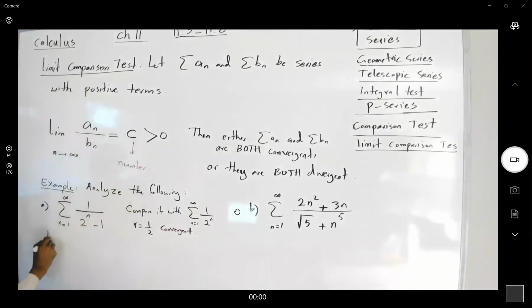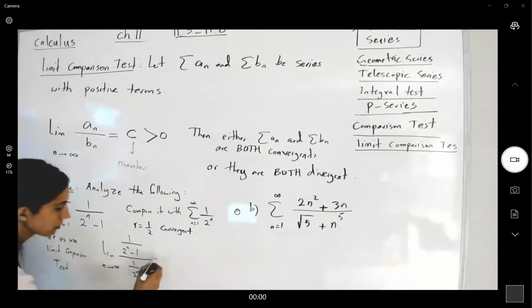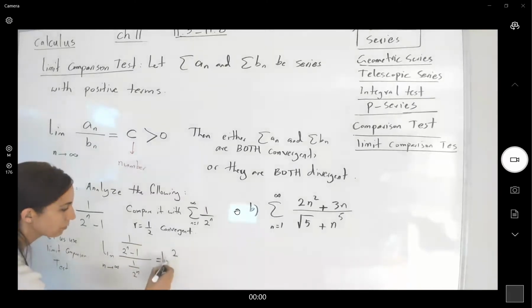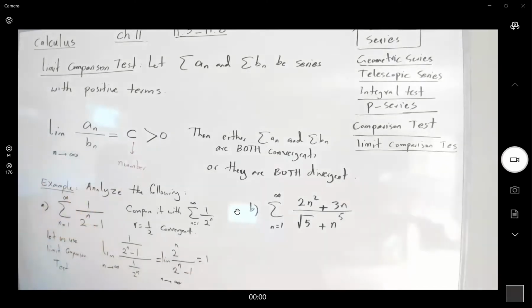Now, let us use limit comparison, because I'm going to take the limit of 1 divided by 2 to the n minus 1 divided by 1 divided by 2 to the n as n approaches infinity, which is 2 to the n divided by 2 to the n minus 1, n goes to infinity, which is 1.